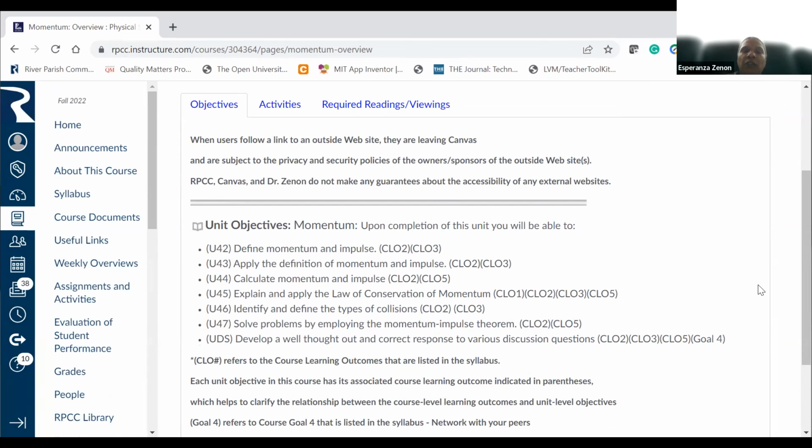We'll have our first introduction to a concept called conservation as it pertains to momentum, and in the next overview, we'll use that concept to deal with work and energy. We'll look at collisions because collisions are the type of motion that we primarily use momentum to help us with. And then we'll look at the relationship between momentum and impulse through the momentum impulse theorem.